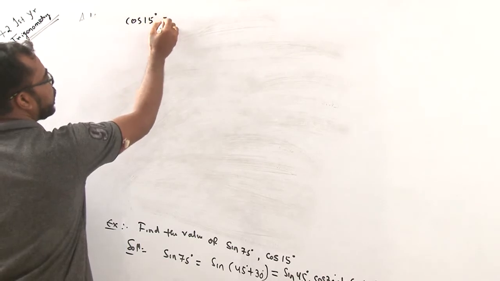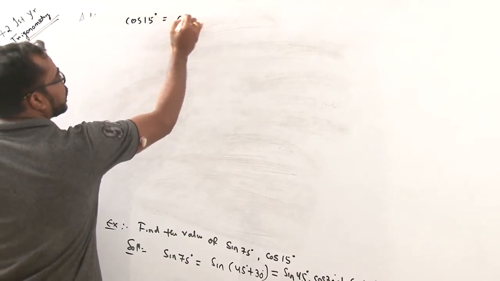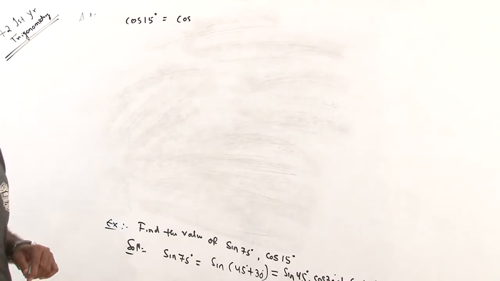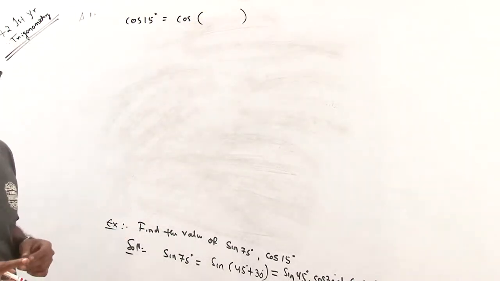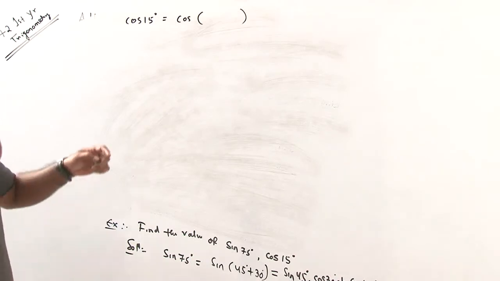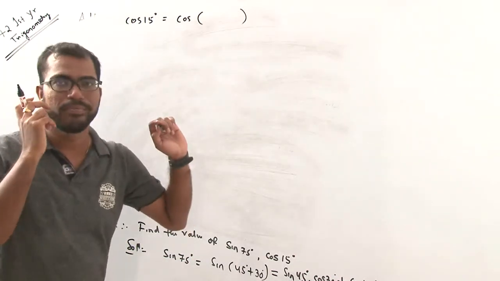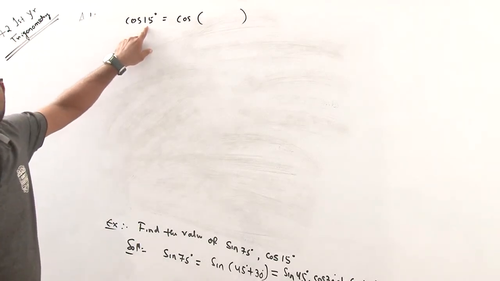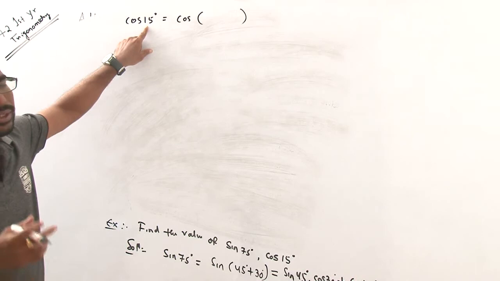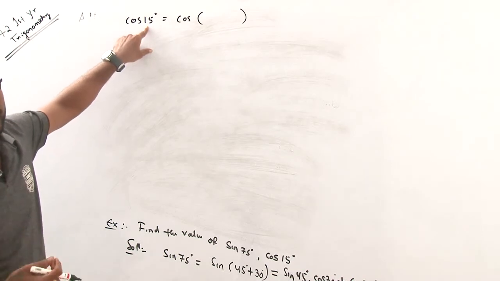So first we have to write 15 degree in terms of other angles. Here we can write 15 degree as addition or subtraction. But we cannot write it in addition form, because if we write 15 degree as 10 degree plus 5 degree, these values are not in the standard angle.